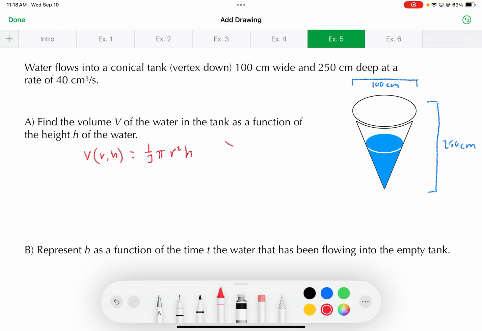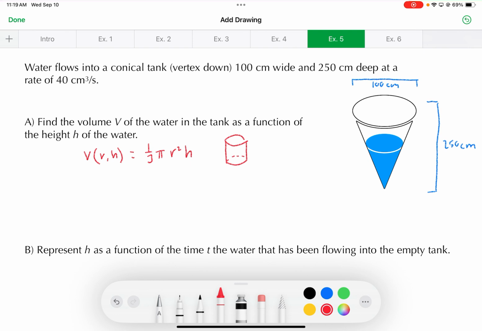If you're just looking at a cylinder, the formula for that, you would be taking the base times the height, which would be pi r squared as the base, and then the height would be h, right?